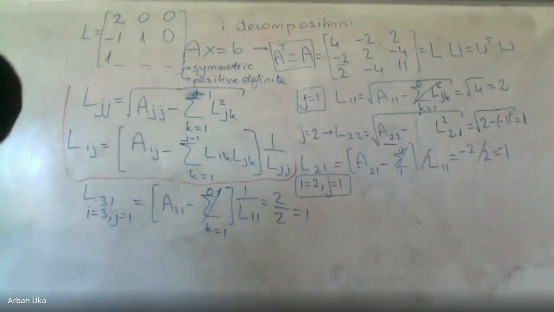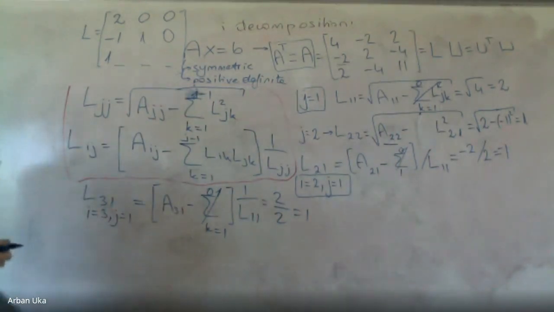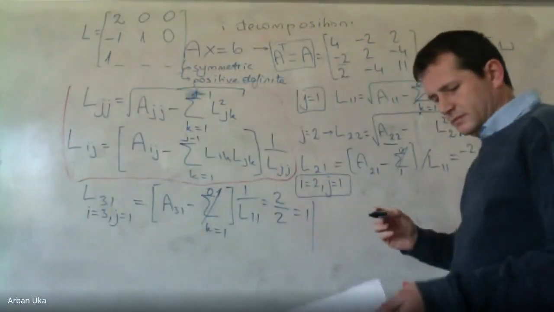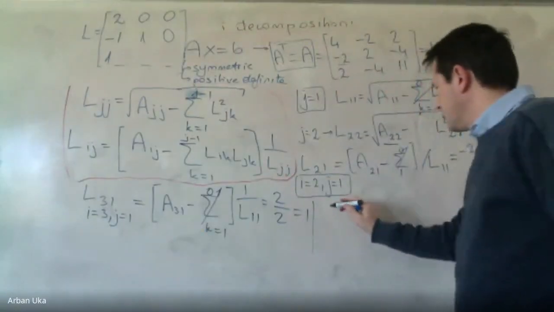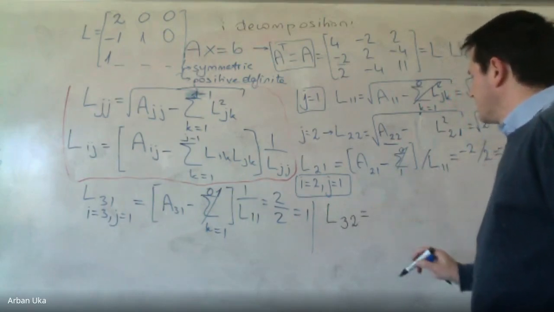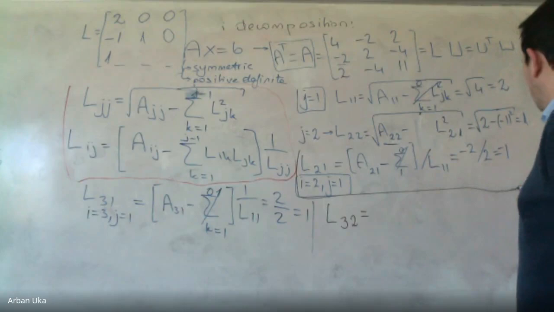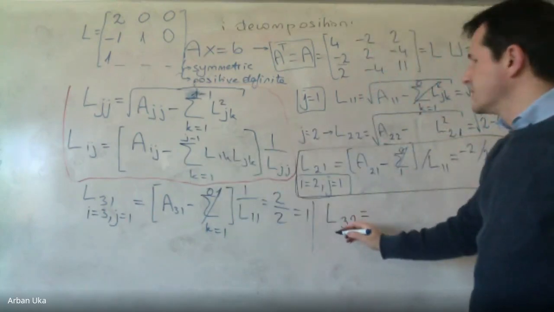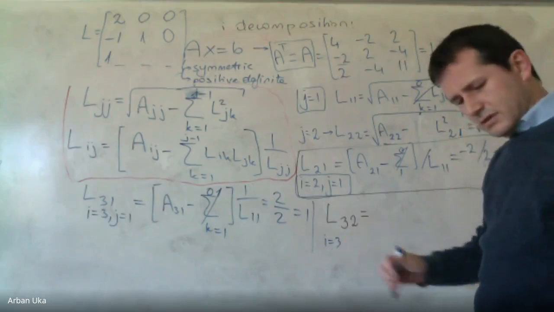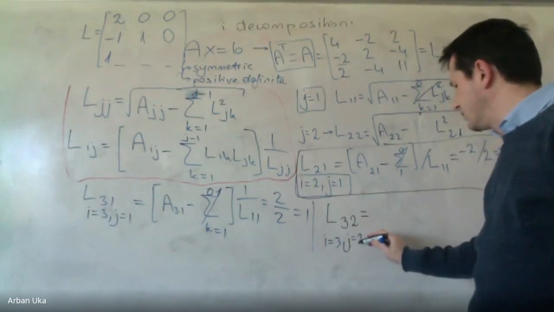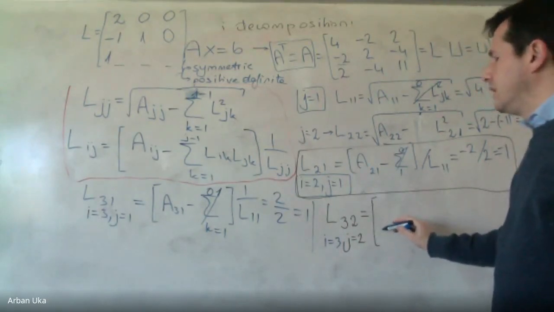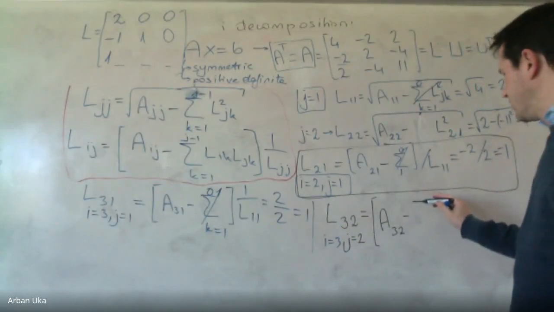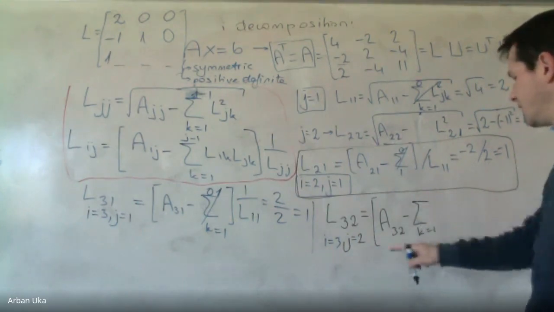So for L32, we look again at this expression, that means that I is equal to 3, and J is equal to 2, and this is equal to Aij, which means A32 minus the summation where K is from 1 to J minus 1.